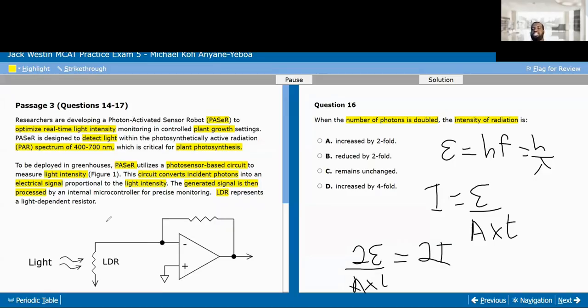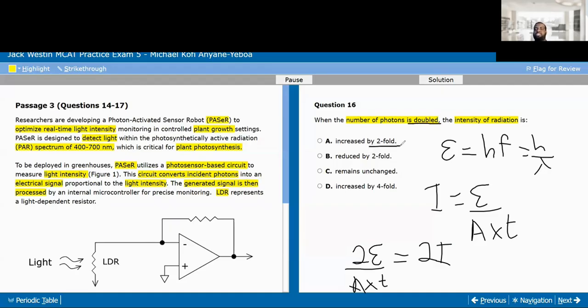Because this assumes the area, the time, nothing of that sort is touched. They didn't mention anything about area or time, right? So this is just being able to recognize that the number of photons gives you the total energy, which in turn gives you the total intensity. So now that I know this, when the number of photons is doubled, my intensity is going to double.